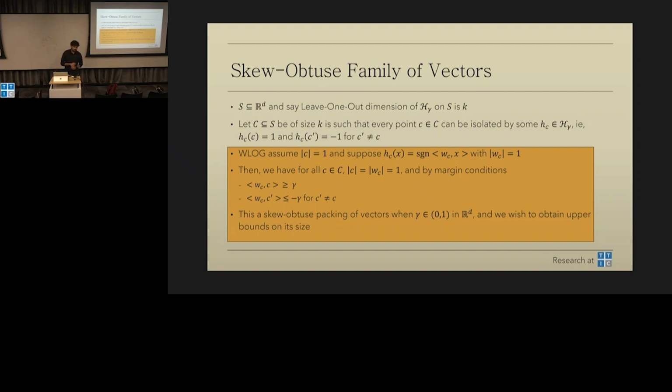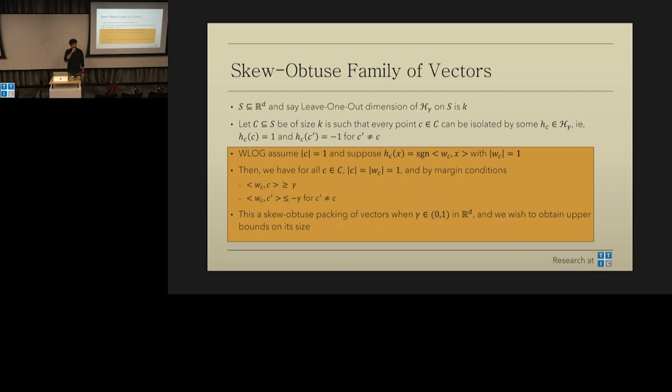Is this dimension always smaller than the star number? Yes, this is because the positives and negatives are non-symmetrical. That's the reason it's smaller. I'm not very sure, but I think the star number has two parameters, if I'm not wrong, and somehow we thought that this leave one out dimension is just an instantiation of one of those parameters.